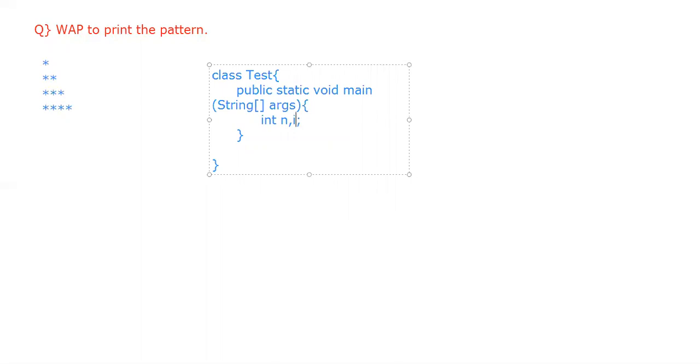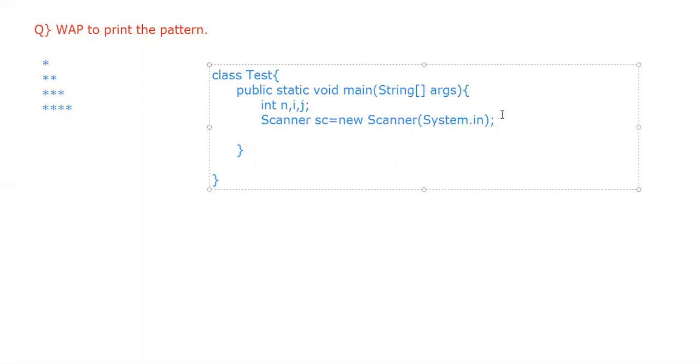We also need the loop variables, so i and j. Then we have to make an object of the Scanner class. Scanner sc is equal to new Scanner(System.in). So I hope things are clear till this point.